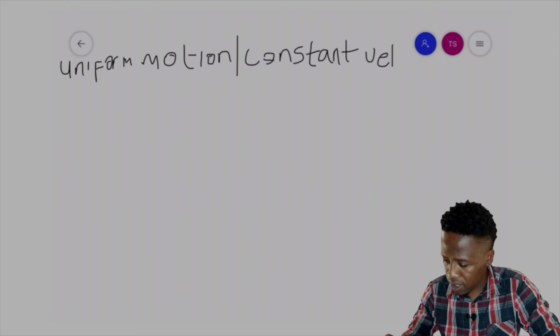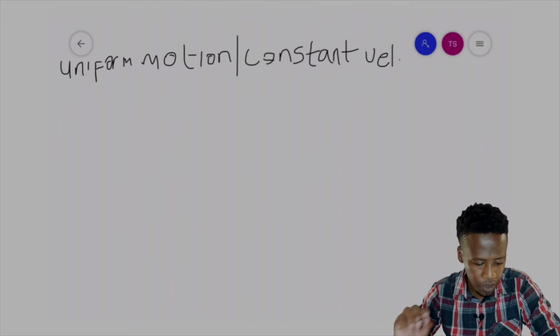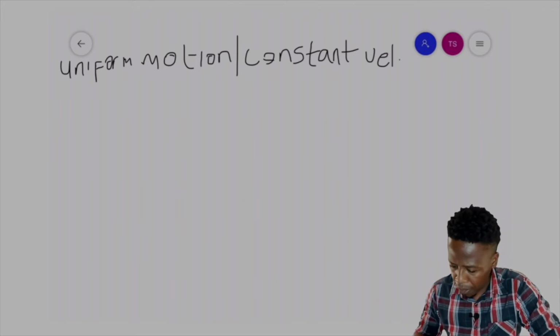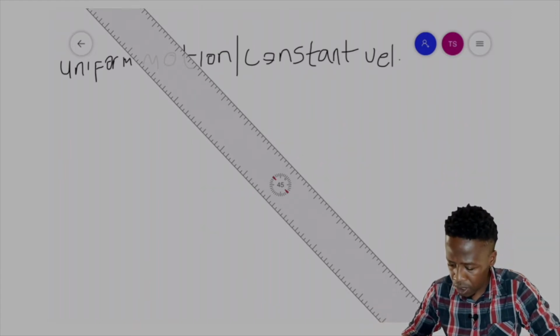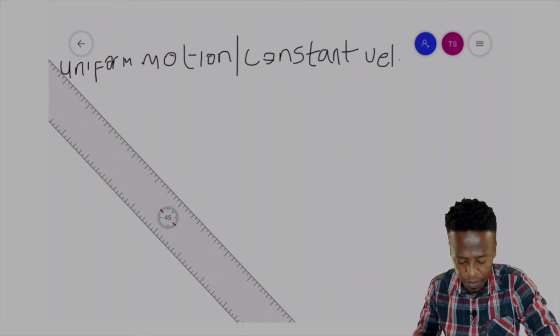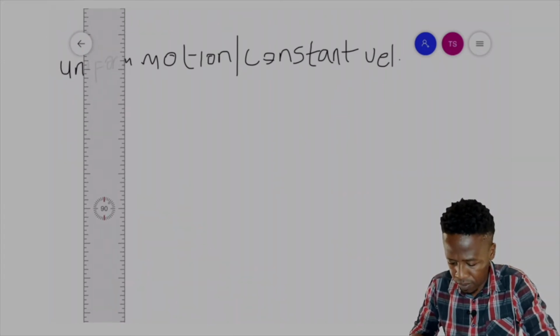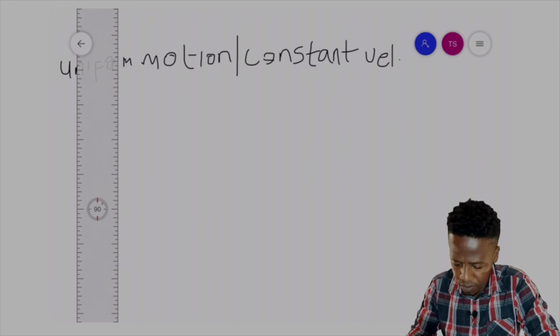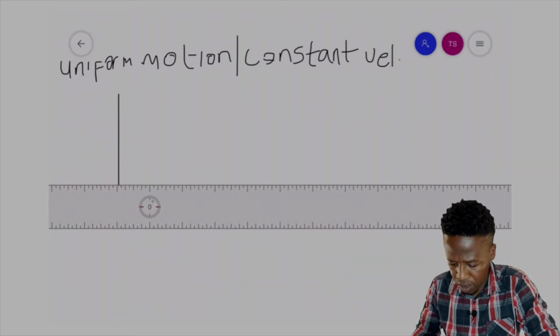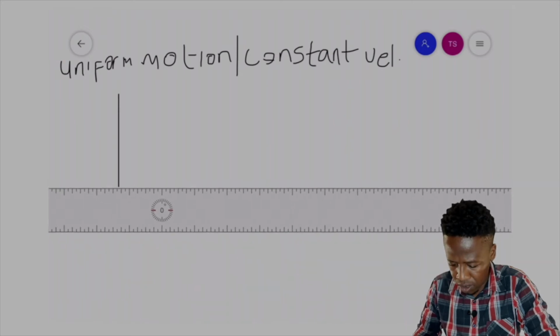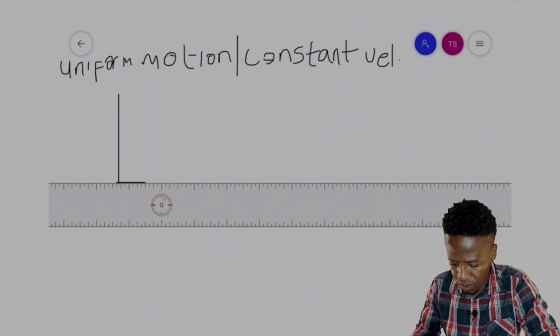Let me just write it in short so that we save ourselves some time. Now, if we look at this type of graph where an object travels at constant speed, let me quickly get my ruler in the right position. All right, it's fine.